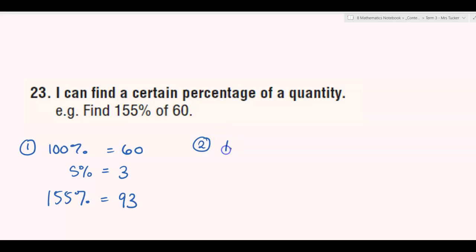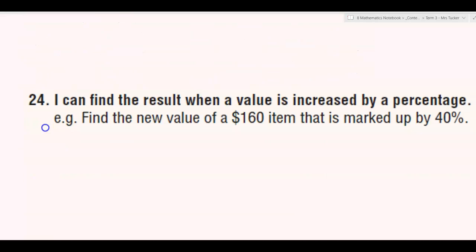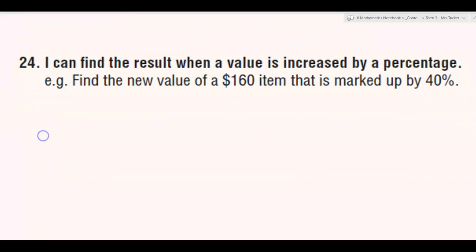Another fast method would be to make 155% into a decimal, of into times, and then we get 1.55 times 60, and we get 93. Okay, find the new value of a $160 item that is marked up by 40%. 100% equals 160. Marked up.